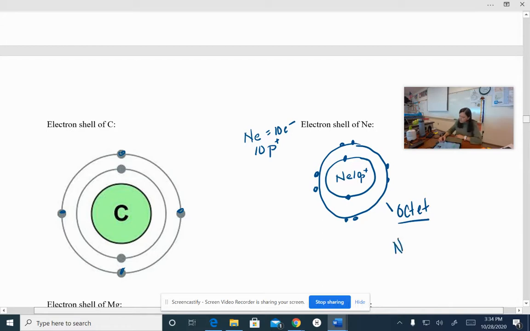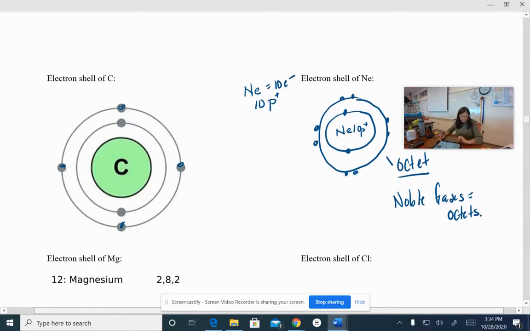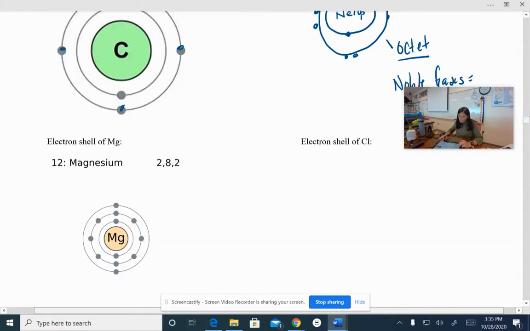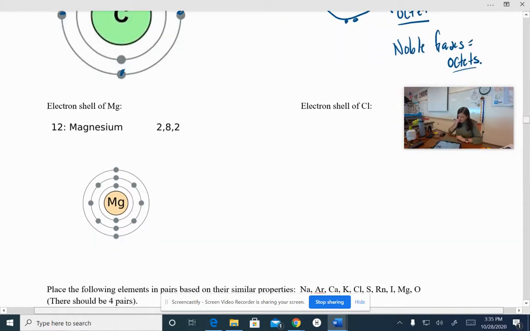Notice all the noble gases, they have octets. The only exception for that is helium. And the reason that the noble gases have octets, and we call them noble gases, is because they don't react. There's something super, super stable about an octet. Okay? So we're trying to always get octets.